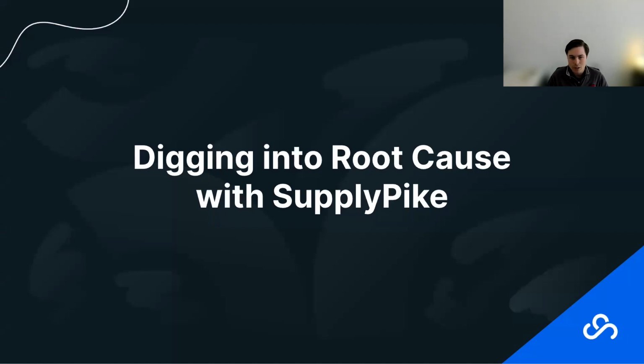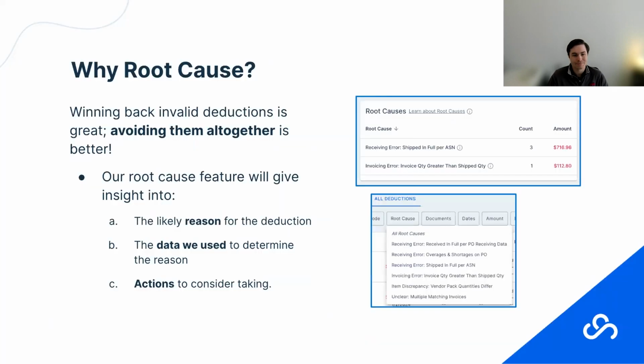Like we just mentioned, let's dig right into root cause with SupplyPike here for Walmart. On the screen, we're showing why root cause. I wanted to highlight first what root cause is. I know it is a buzzword used in this space about anything retailer related.